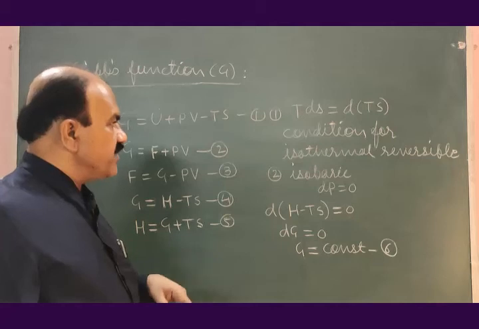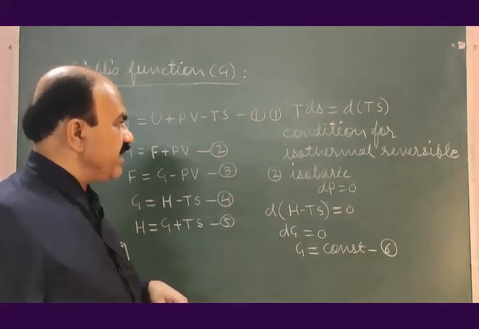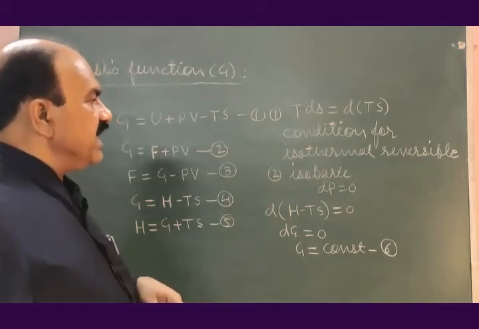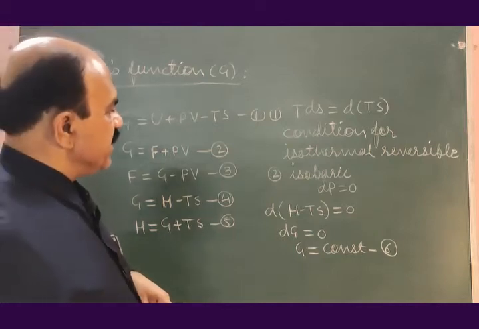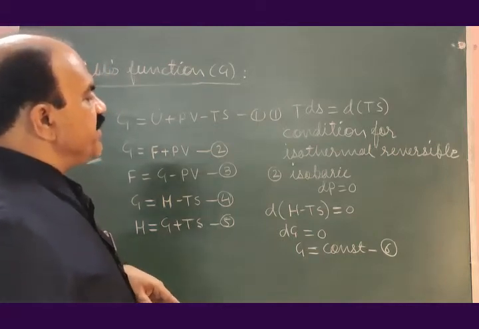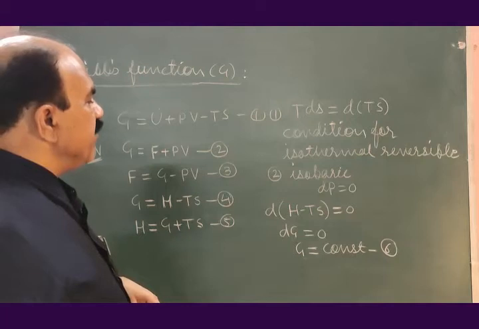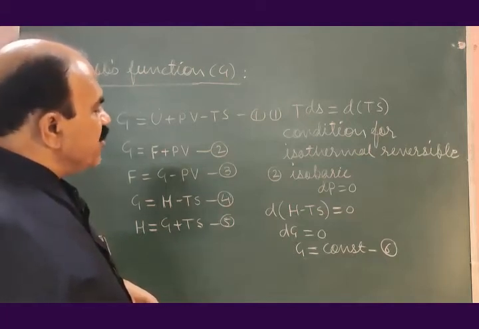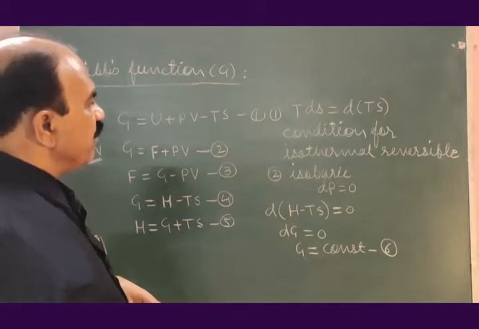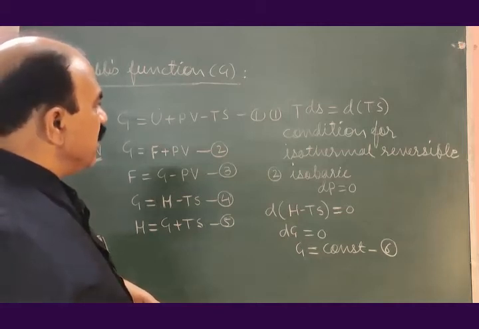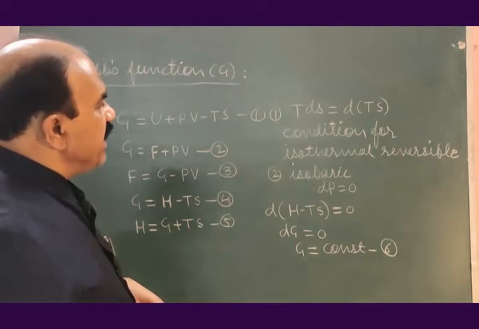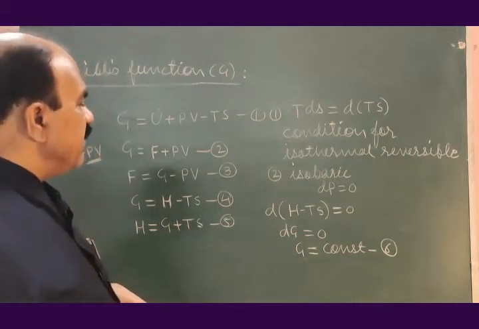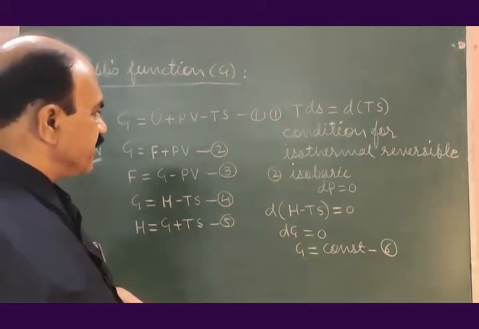So for isobaric, isothermal, reversible process, the Gibbs free energy of a system remains constant. The Gibbs function remains constant for isothermal, isobaric, reversible process.